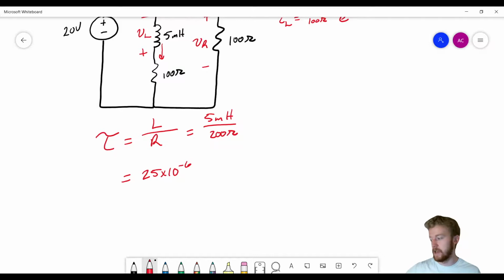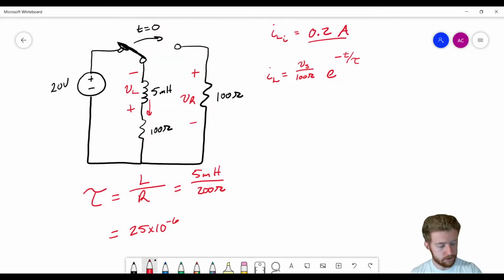That's our value of tau. The tricky thing is that you can't just use L divided by R as in 5 millihenries divided by 100 ohms, because whenever this inductor is discharging, it's seeing a resistance of 200 ohms actually. This is one of the connections you have to make to get this problem correct.